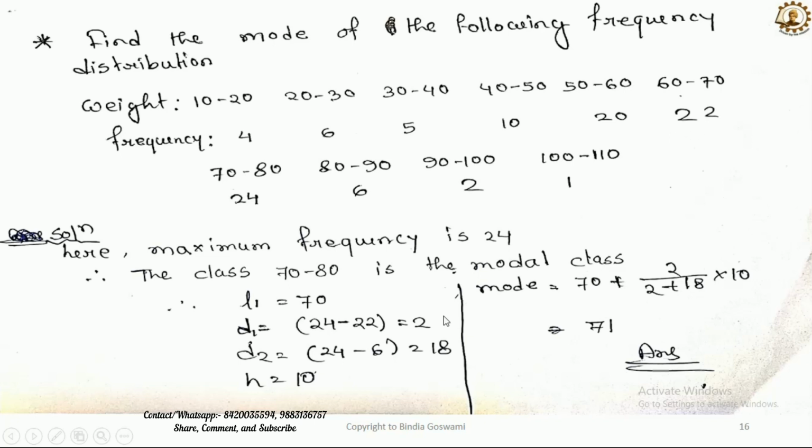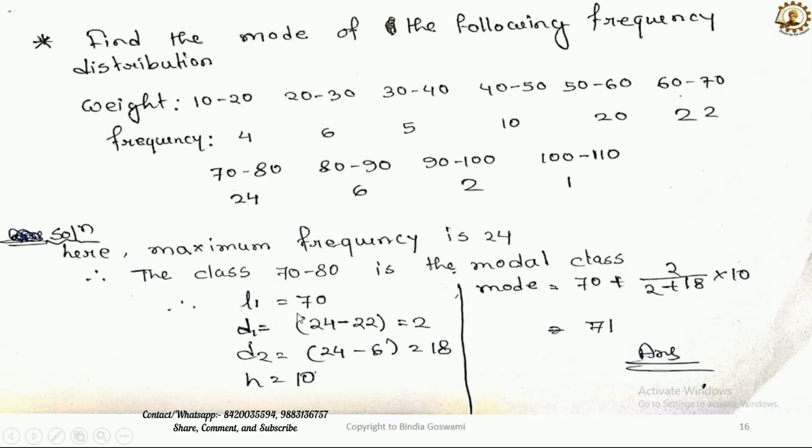No, it's not 22, it's 24. So the maximum frequency is 24. According to 24, the modal class is 70 to 80. That's why we take 70 to 80 as the modal class.